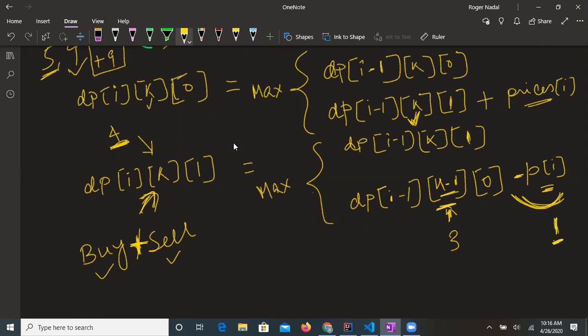Maybe the question is, do we predefine the dp[i][0][0] and dp[i][0][1]? Otherwise, the k minus 1 is out of index. Exactly, and that's an implementation detail. Suppose I ask you that, hey, there is a recurrence relation. For example, Fibonacci.